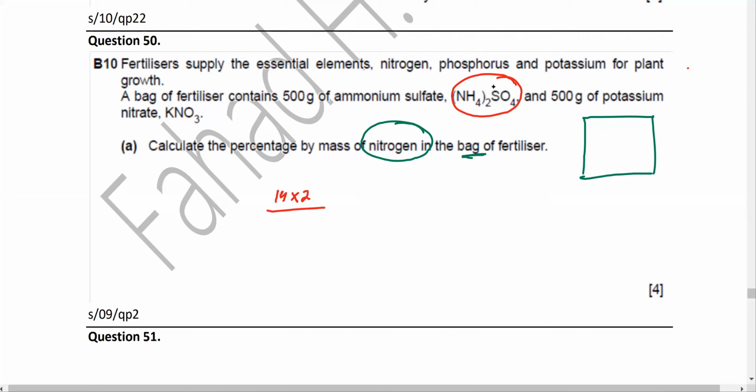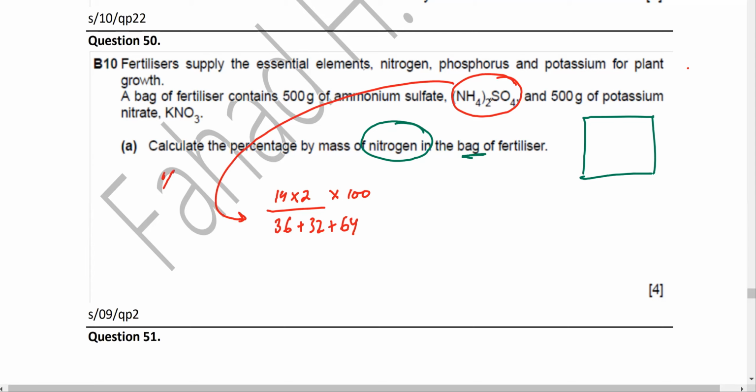Total is NH4 twice, so that's 14 plus 4, that's 18. Twice, so that's 18 into 2, 36. Plus SO4, that's 32, plus 16 into 4 oxygens, so that is 64. Into 100. तो मुझे बताओ कि what is the percentage of nitrogen in this?